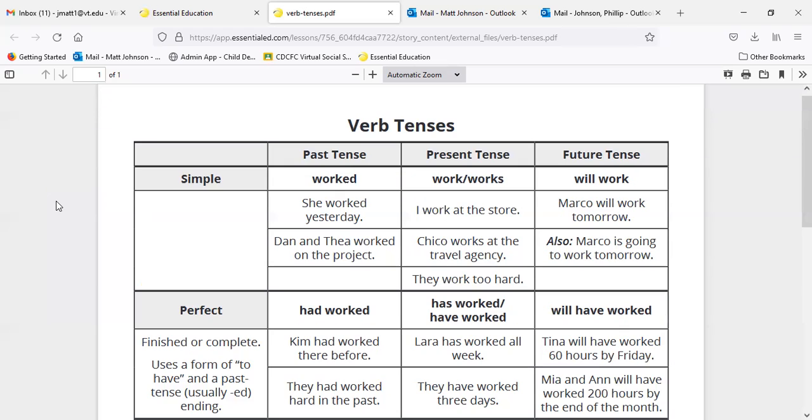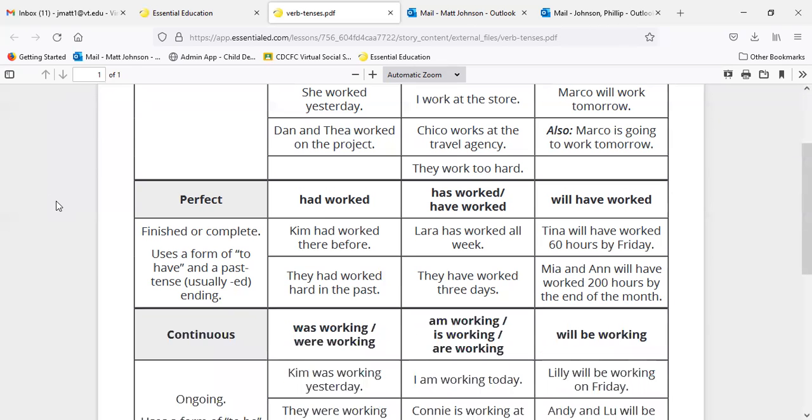So now we get into perfect tenses. This means that the action is finished or completed. It uses a form of to have and a past tense, usually -ed, in all cases, whether it's past tense, present tense, or future tense.